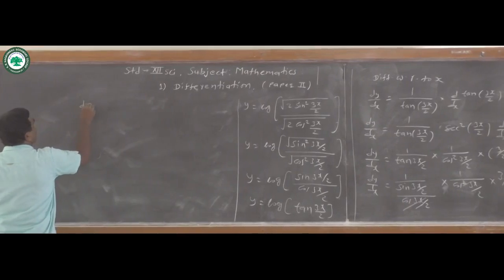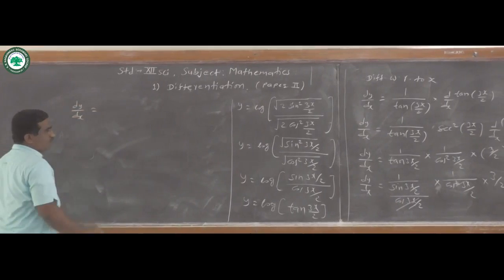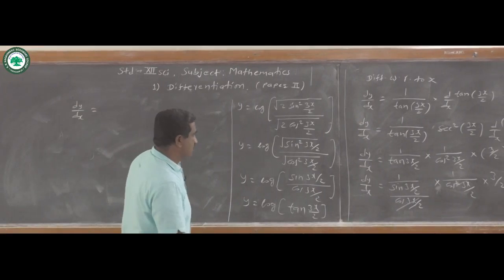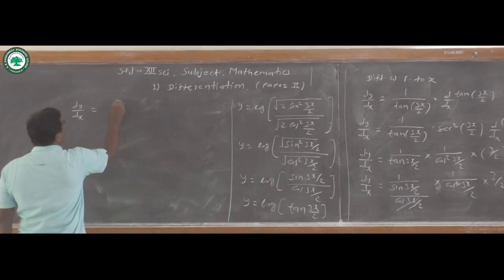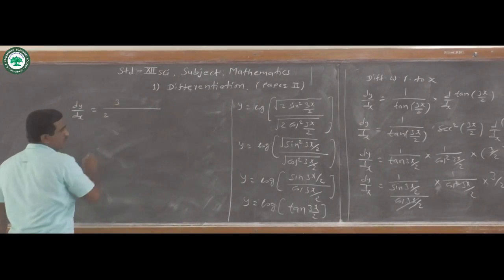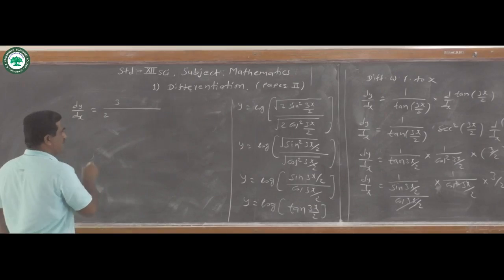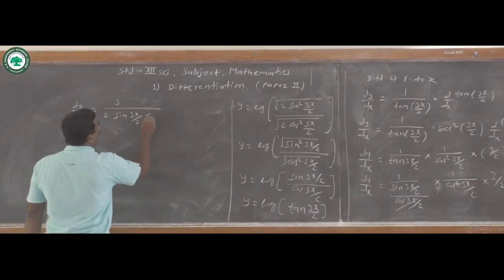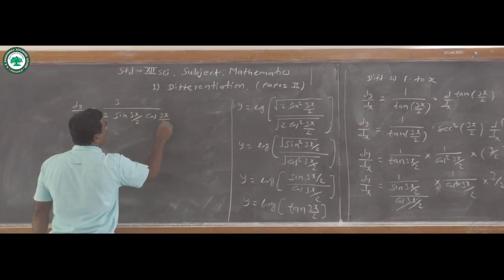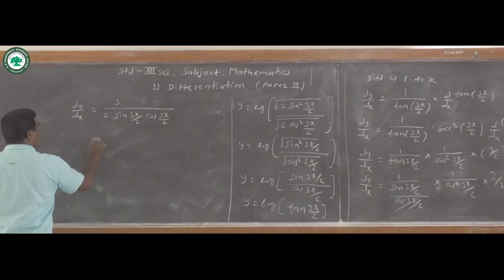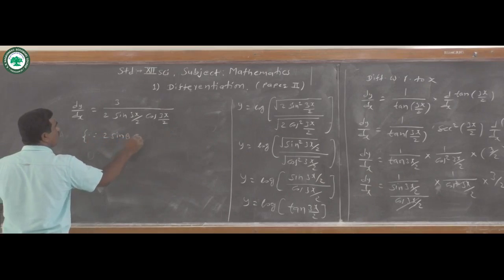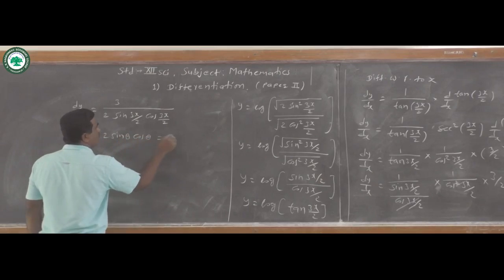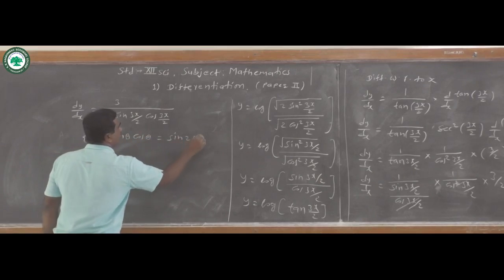dy upon dx is equal to 3 upon 2 into sine of 3x by 2 into cos of 3x by 2. Now we know the formula, 2 sin theta cos theta is equal to sin 2 theta.